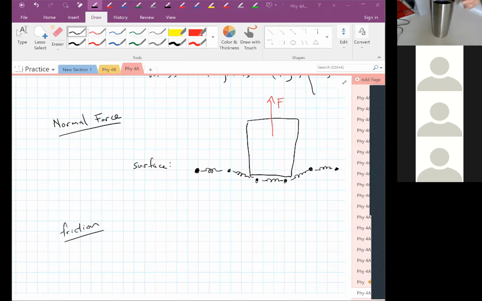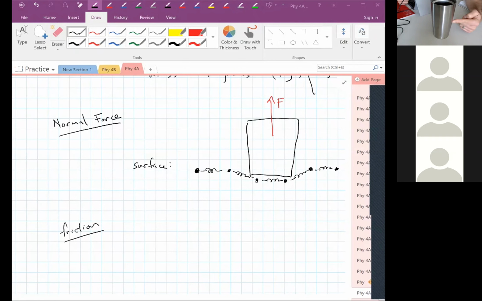So if the object is not moving, we know there cannot be a net force acting on it. So if I'm pushing this way with 1 Newton and the mug isn't moving, something else must be pushing in the other direction with 1 Newton. And that would be friction from the table.